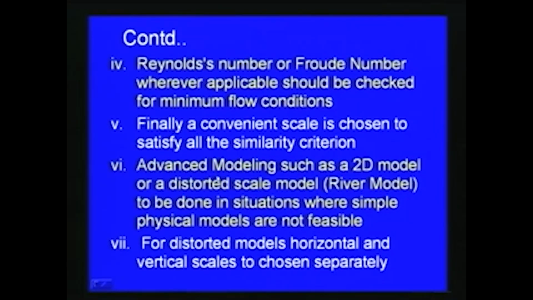The sixth step is that advanced modeling, such as a 2D model or a distorted scale model like a river model, is to be done in situations where simple physical models are not feasible. As I mentioned, in river or estuary problems a normal undistorted model will be difficult, so we can consider a distorted scale model. And the seventh important point for a distorted model is that horizontal and vertical scales are to be chosen separately and appropriately.